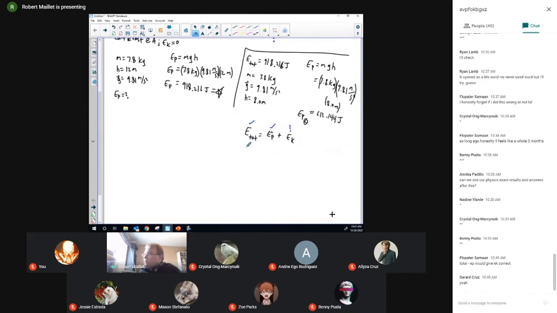EK is going to have to equal energy total minus energy potential. That should equal EK. So if I substitute these in, my total was 918.216 minus the potential, 612.144.